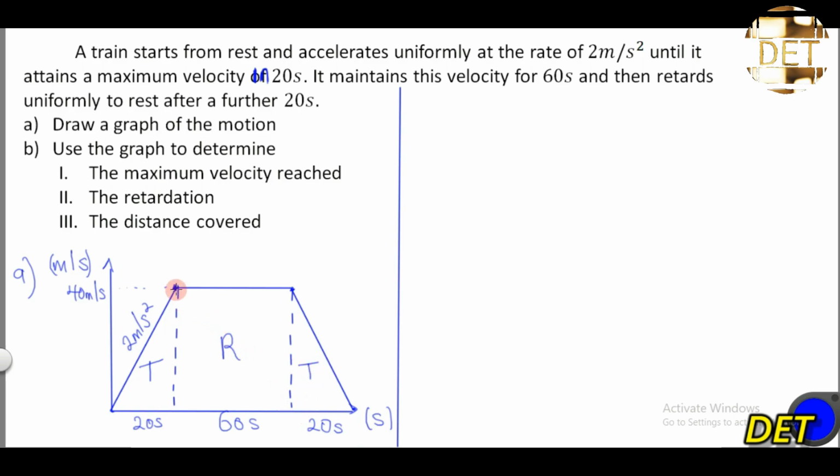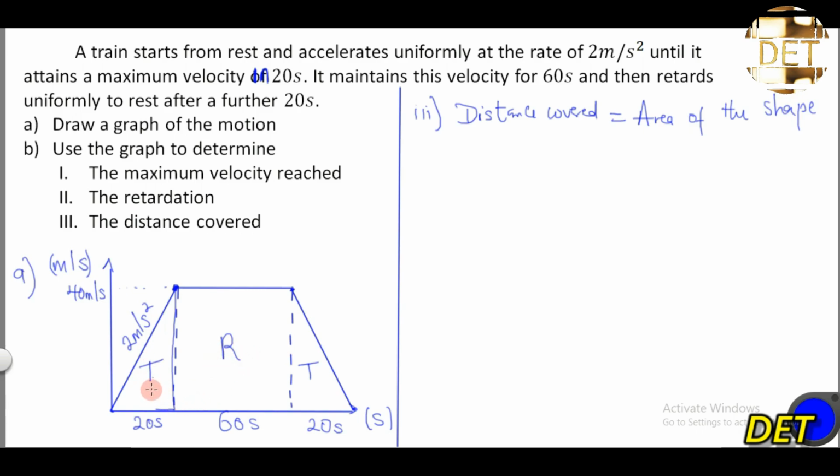So this will be our 3. The distance covered will be equal to the area of the shape of the graph.